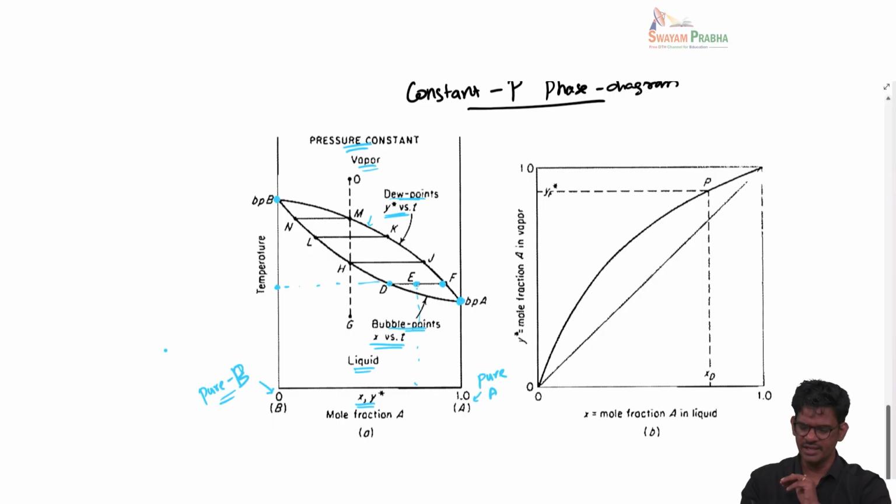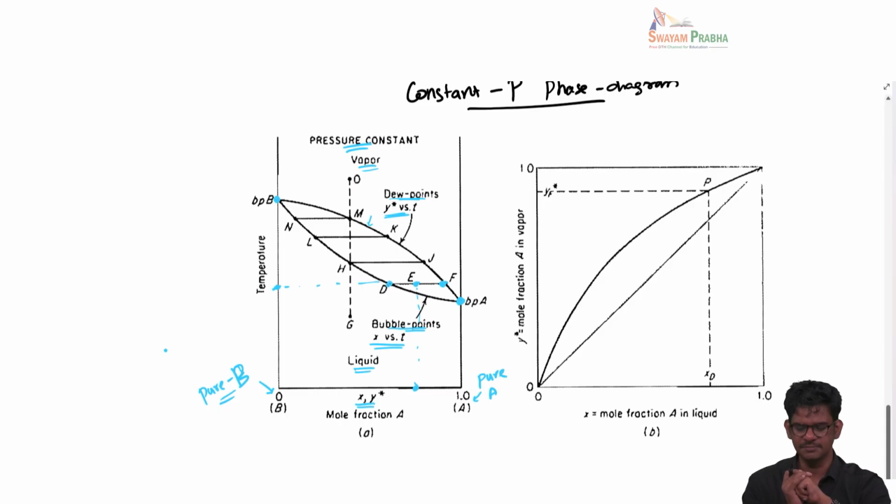For a point taken at E, the average composition can be this, but then it will phase separate into liquid and gas phase. And the composition of the components in both phases will be different.